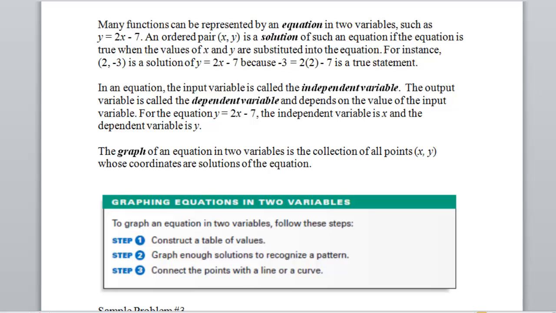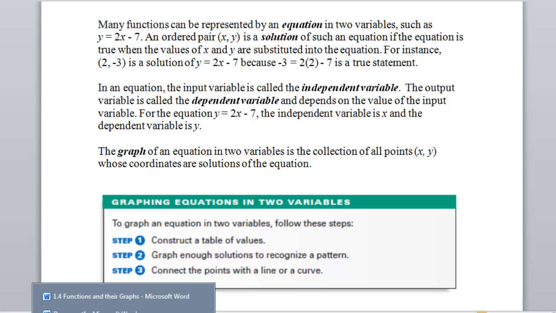We will get a resulting output value, which would be our y variable. And because we're inputting the x value, our y is really dependent upon whatever that x value is. And so we have this dependent relationship here between the x and the y.